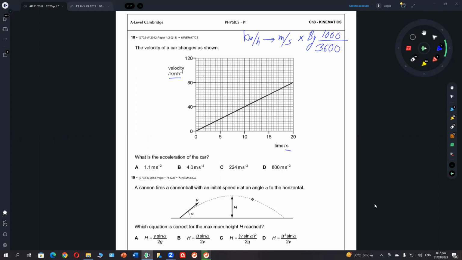The formula is simple. It should be 80 upon 20, but 80 should be converted. Twenty is fine, but 80 should be converted.